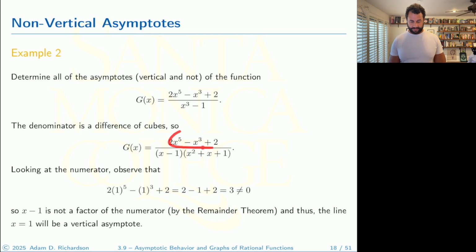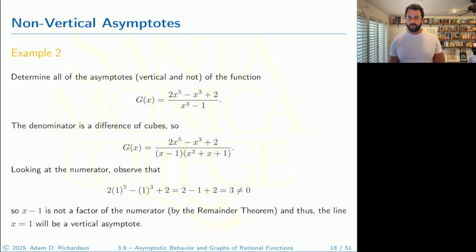But that's a degree 5 polynomial. I guess I could do the rational roots theorem. I could try to factor it in all sorts of ways to see if there is a corresponding equivalent factor of x minus 1 in there somewhere. But let's use something even easier. Let's just use the remainder theorem. Remember, the remainder theorem says the remainder is going to be whatever you evaluate the numerator at.